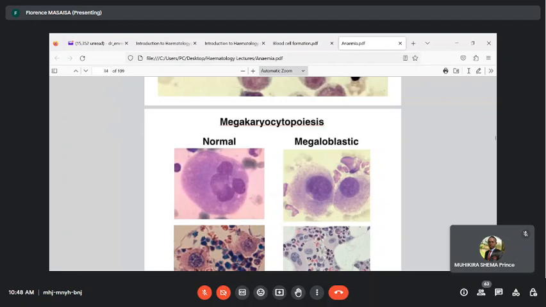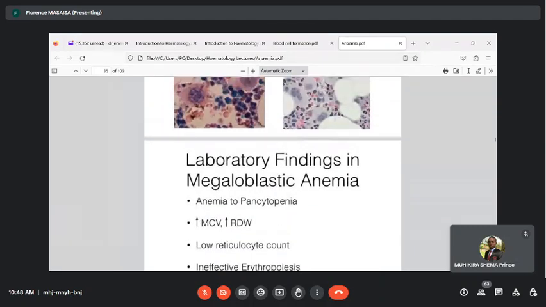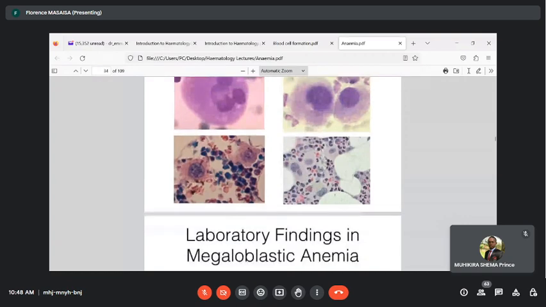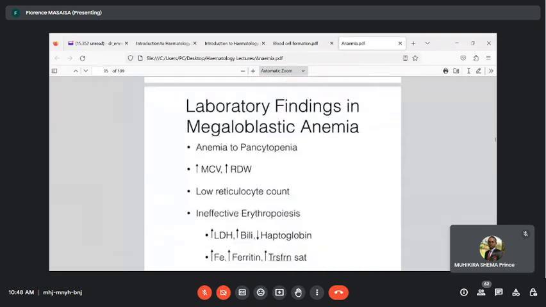So what we have as an investigation in the case of someone with vitamin B12 or folic acid deficiency in the case of megaloblastic anemia. In the beginning, the patient may present with only anemia, but later on, they have increase of MCV, increase of red cell distribution width.